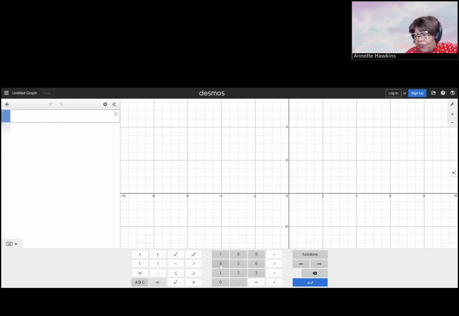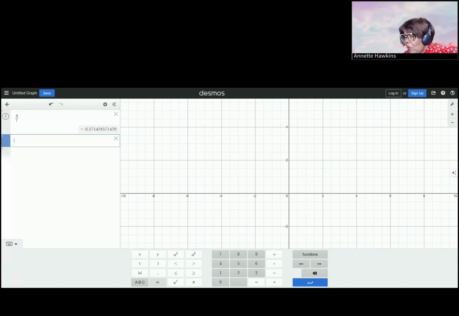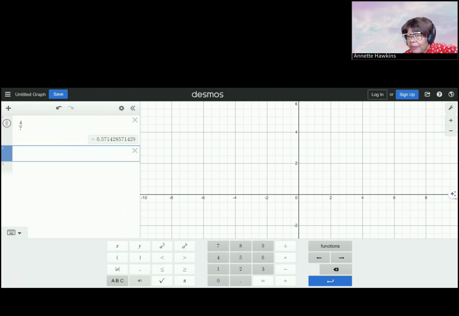So I say 4 divided by 7, and so we get this number here. Let's see if we can view it a bit bigger. Okay. All right, so we get 0.57.